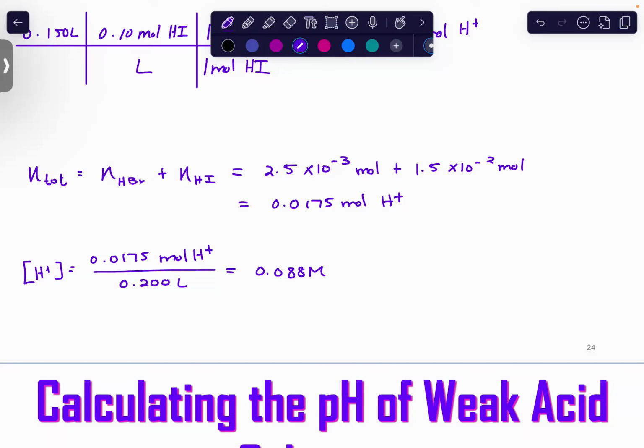So then from here, our pH is about 1.06. Okay, so strong acids, pretty straightforward.